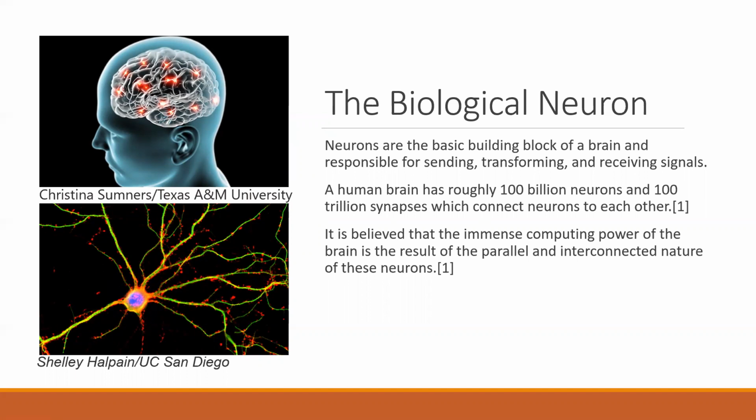It is believed that the immense computing power of the brain is a result of the parallel interconnected nature of these neurons. So if you look up here, this is a single neuron, and the brain would possibly have 100 billion of these working in parallel.